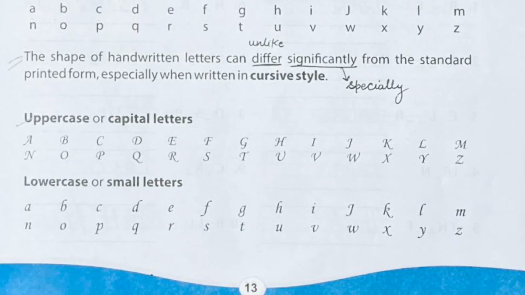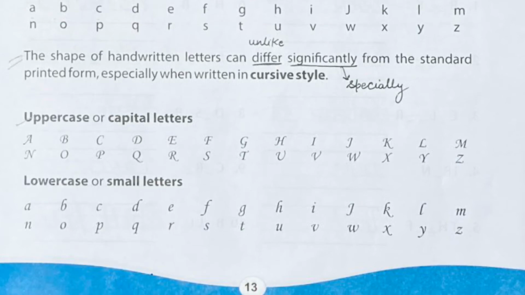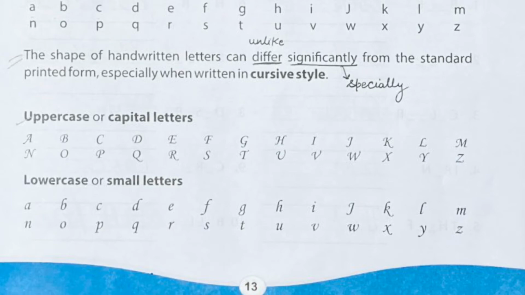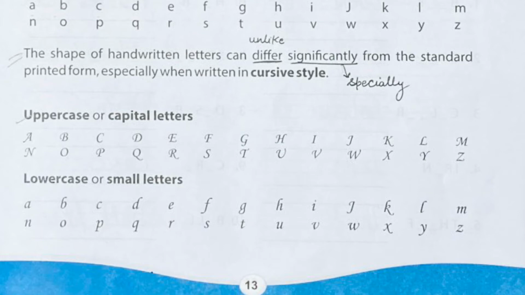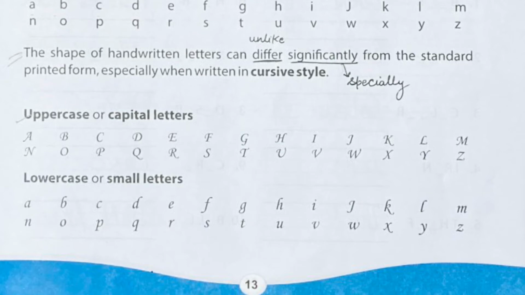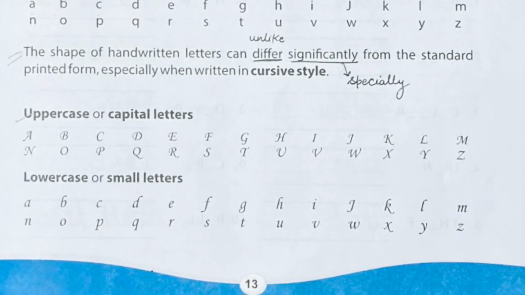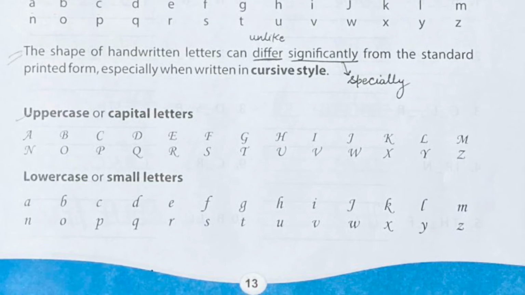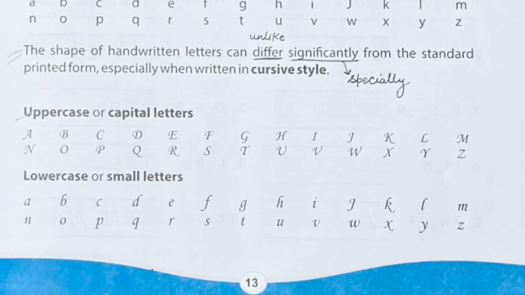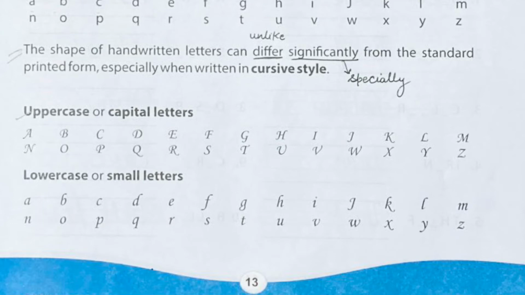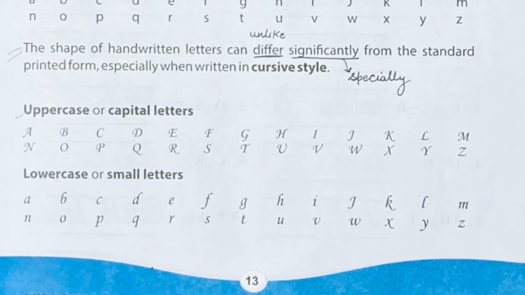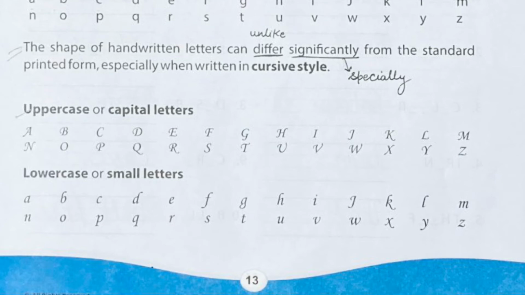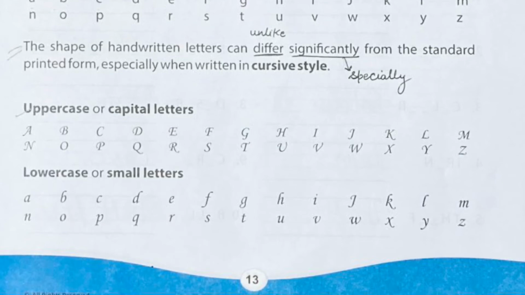The example given above of uppercase and lowercase, and the example of uppercase and lowercase in cursive style, both are very much different. If we see the printed form, and if we write by hand, of course they are going to be very much different. So this is the basic Latin alphabet.